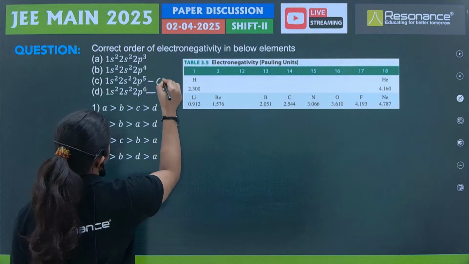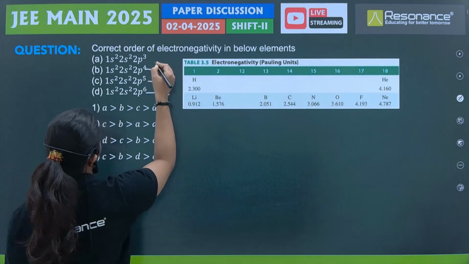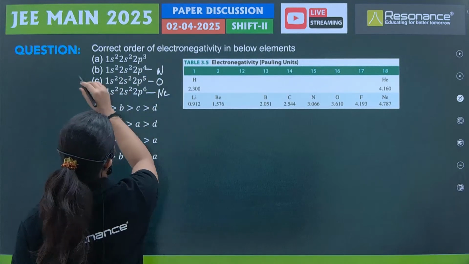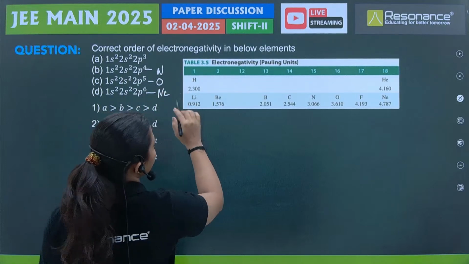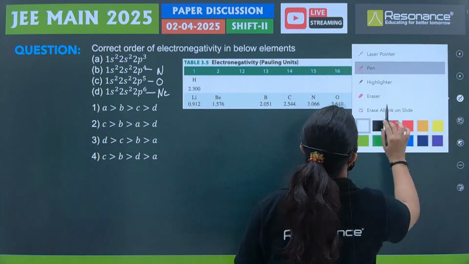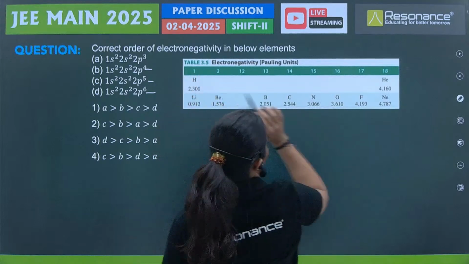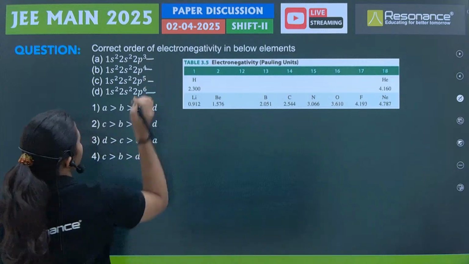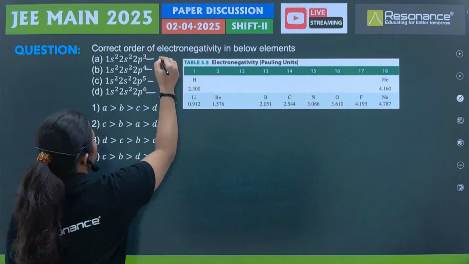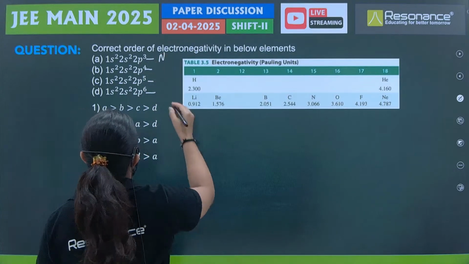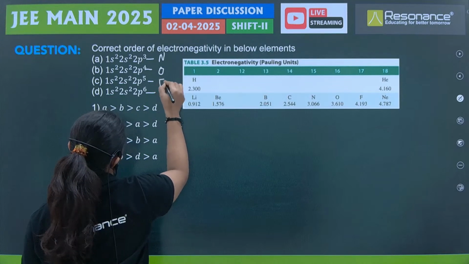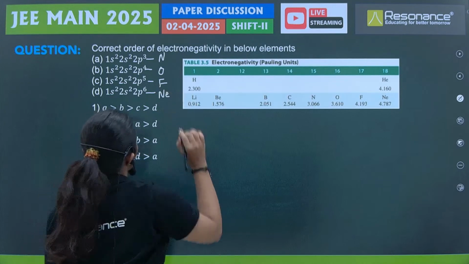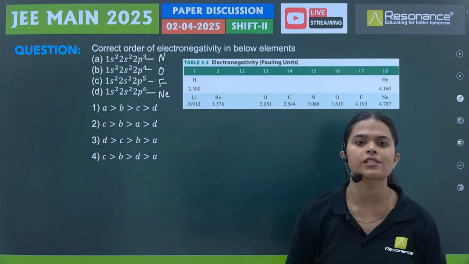If it is 1s2, 2s2, 2p3, this is of nitrogen, this one is of oxygen, this one is of fluorine and this one is of neon. Now which is going to be the most electronegative?